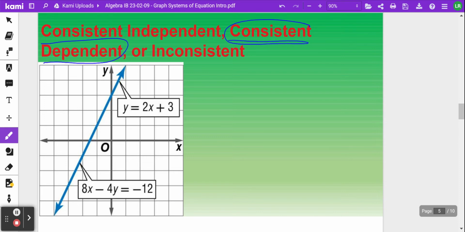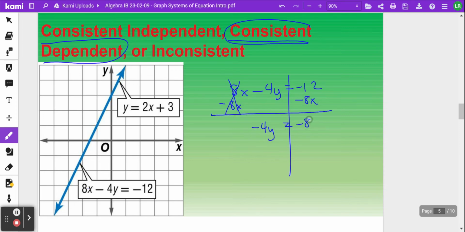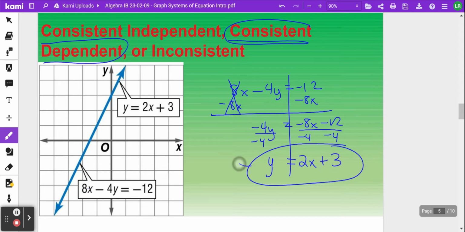And I want you to notice if I took this second line, 8x minus 4y equals negative 12, and put this in slope-intercept form, minus 8x, divide everything by negative 4, I end up with the exact same slope-intercept form. Exact same. So that's what's telling you it's the same line. It is consistent dependent.